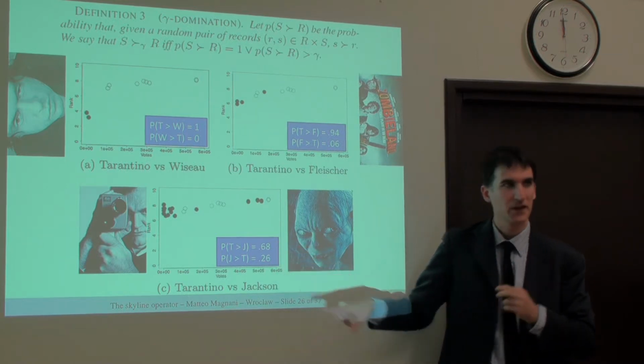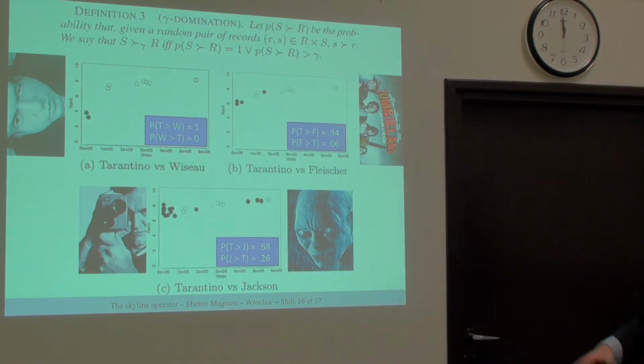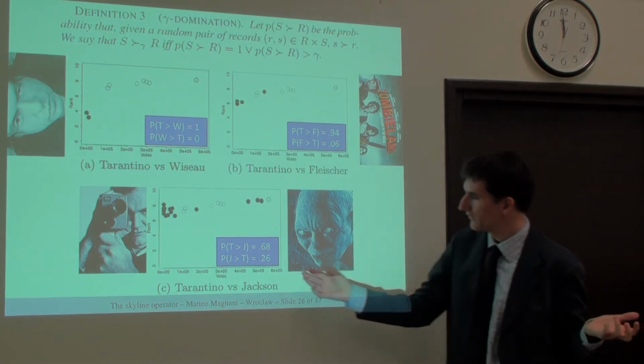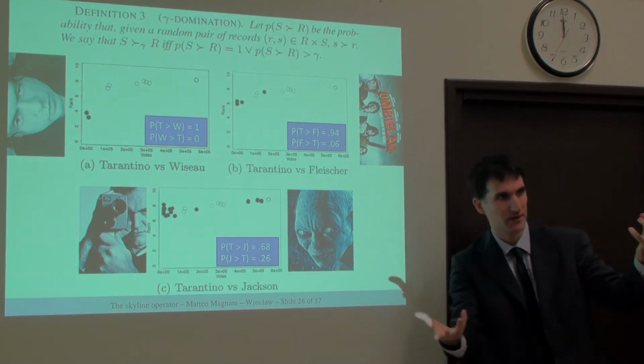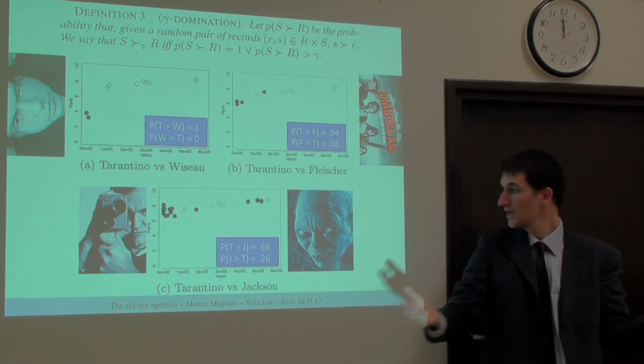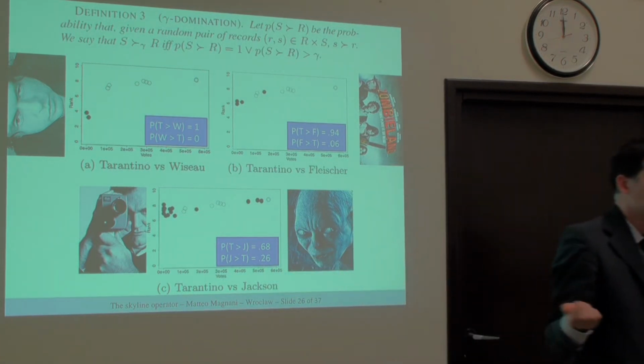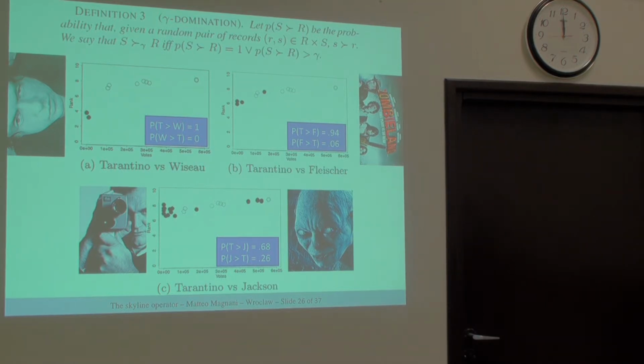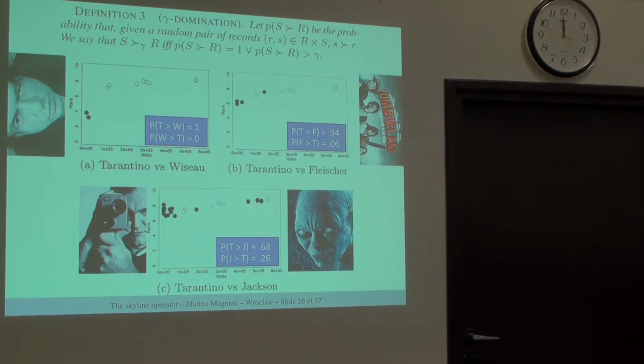In between there is the rest. So the idea is that you have a 70% probability that this will be better than the other, a 26% probability that this will be better than the other, and the remaining probability that you cannot really make a choice because they are incomparable. That's also one of the options, which is something that can happen, because it's not the case that we are always able to tell that some option is better than the others.